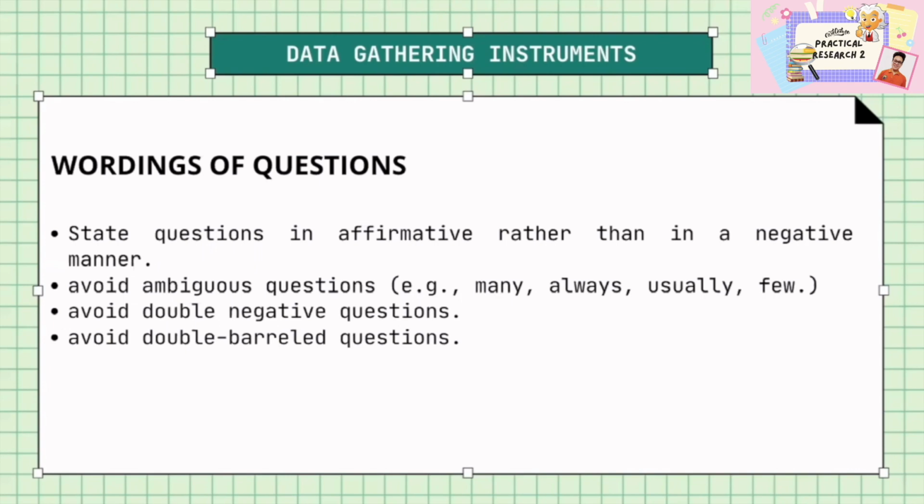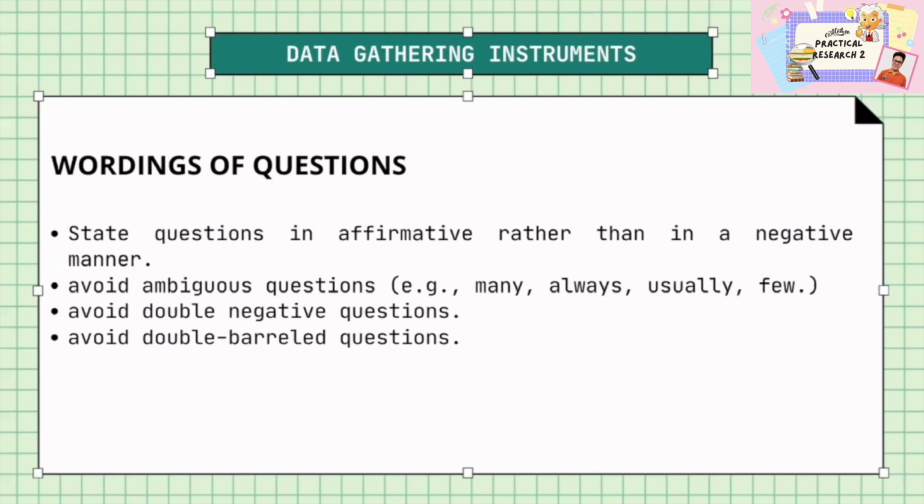Later on we will be discussing the Likert scale. So you may put there, for example, never, rarely, oftentimes, and always, instead of putting the words many, always, usually, few within the statement. Okay, you may do that by using a Likert scale.